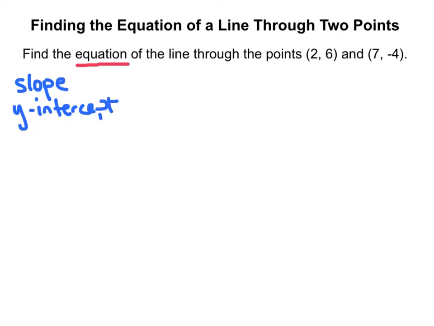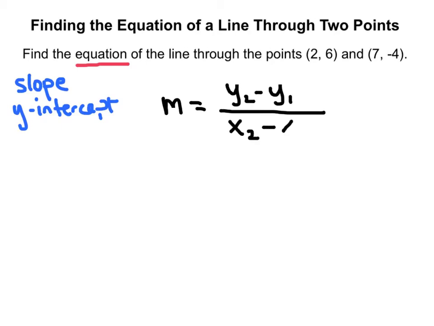In these types of problems, you will always want to calculate the slope first before you proceed. If you remember the slope formula, the slope is the difference of the y's over the difference of the x's. You'll then have to decide which point is your first point and which is your second.